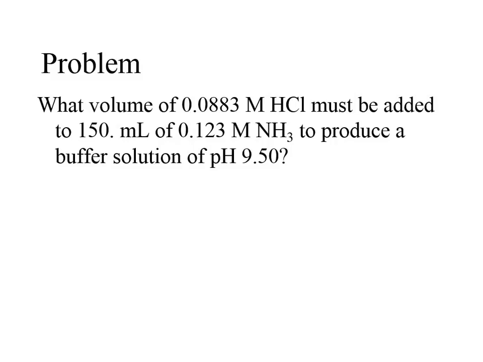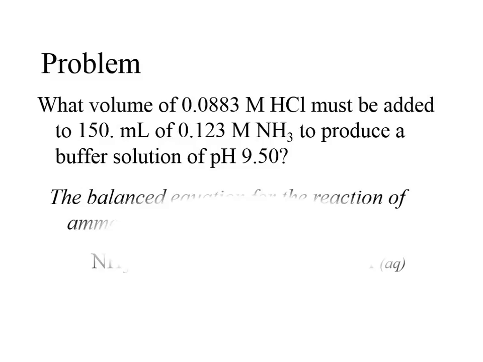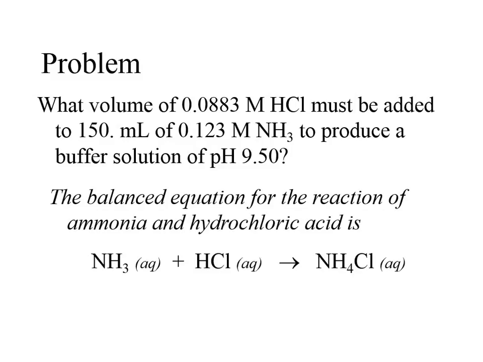They don't give the volume. They give the molarity of the strong acid, they give the volume of the weak base, and they give the target pH, that 9.50. That's what we have going on here. To work this sort of problem, you need to recognize that your weak base, NH3, is going to be reacting with your strong acid with a one-way arrow.